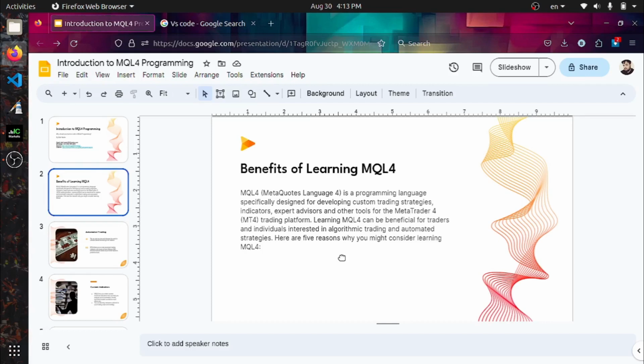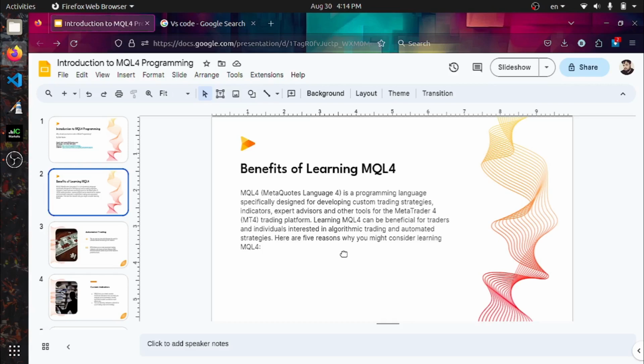So this programming language is very useful, especially if you are doing algorithmic trading. If you don't know coding, you may be sitting there following a moving average crossover strategy, or support and resistance level trading, or a parabolic SAR strategy, or whatever strategy you use.